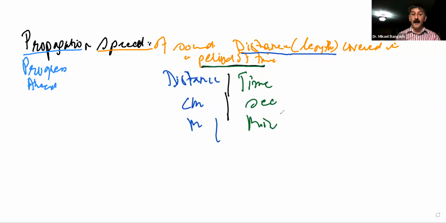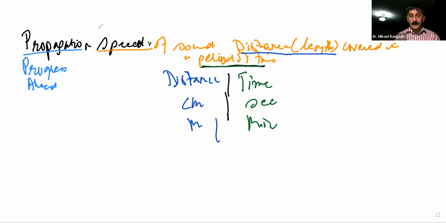It doesn't really matter as long as it is a unit of distance per unit of time. That is what we call the speed. Clear? Did you ladies get that?